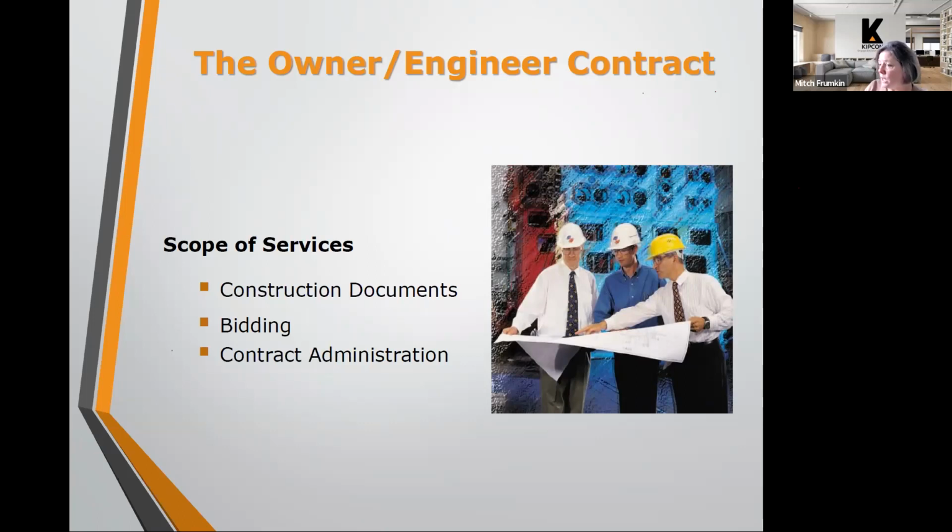And then at the end of the project, we do a walkthrough with the owner, the contractor, and our office, and again, any items that are outstanding that the owner might be dissatisfied with, or which are truly construction defects, need to be addressed before that final payment is released.